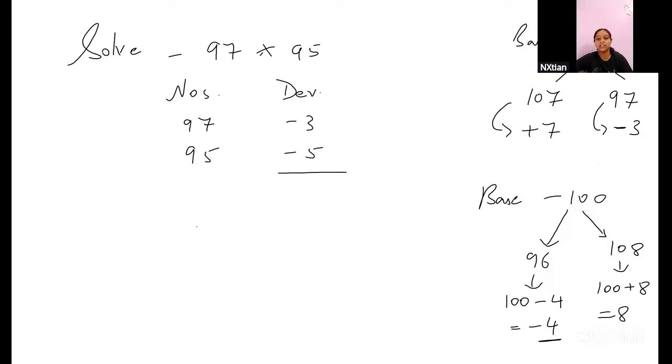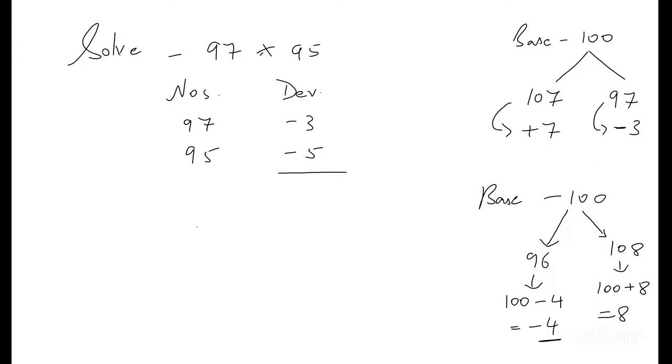So you can define the deviation like this: any value which is added to the base or subtracted from the base is your deviation. That is how much higher or lower it is than the base. Yes, is it 9215?